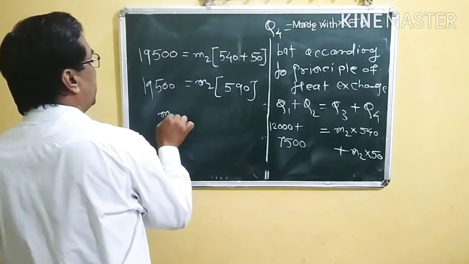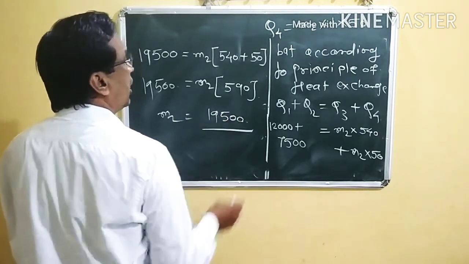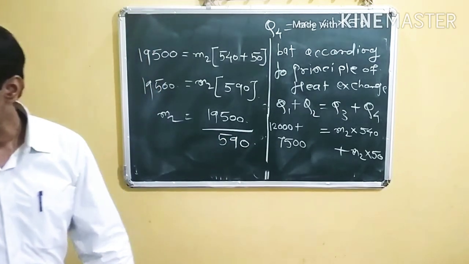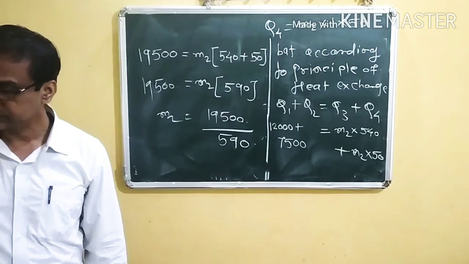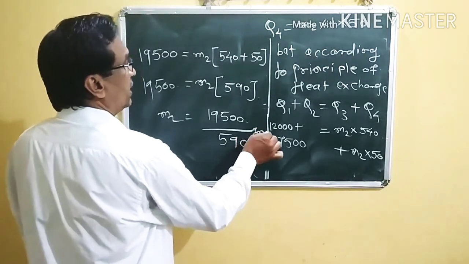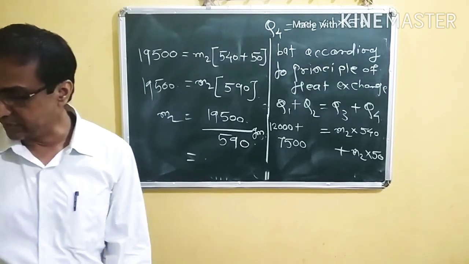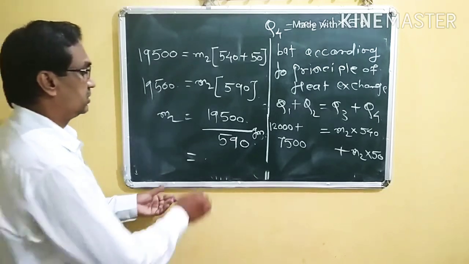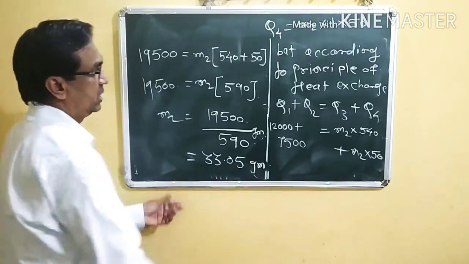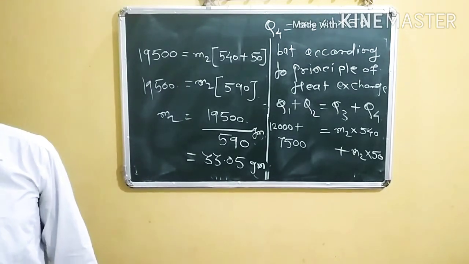So M2 is equal to 19,500 upon 590 gram, and after calculating, we got it as 33.05 gram.